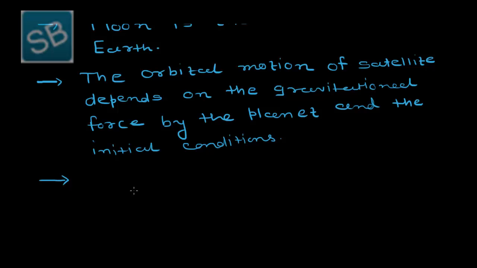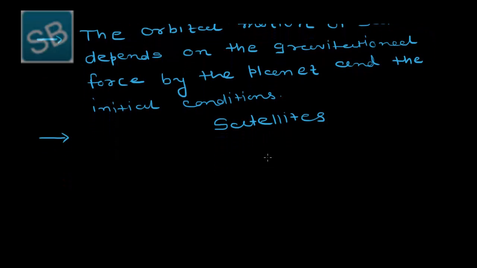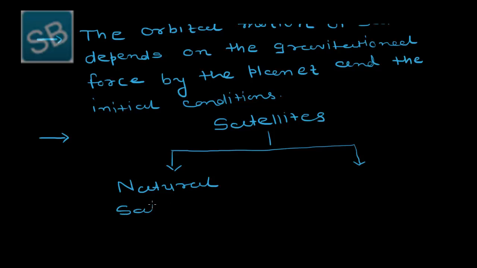Now, satellites can be classified into two categories. The first one is natural satellite, and the other one is artificial satellite.